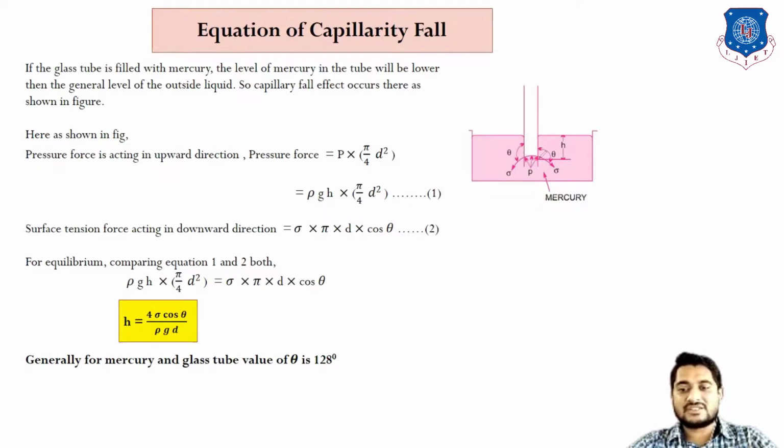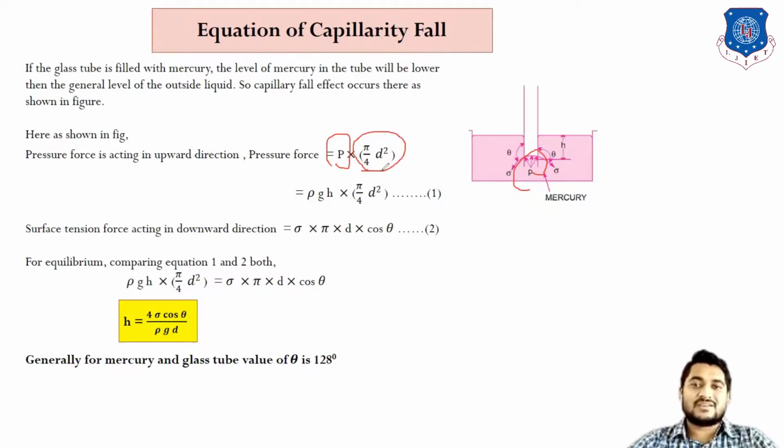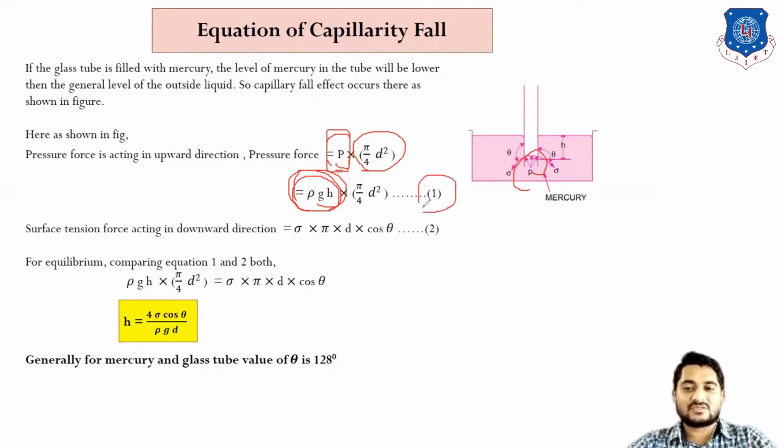So the pressure force is equal to P into the cross-section area pi by 4 d square. Remember this, students, pressure is always applicable on the cross-sectional area. For pressure, you can remember this equation, it is already covered in your 11th and 12th science. Pressure P is equal to rho g h, into pi by 4 d square. This is the vertically upward force. Mark it as equation number 1.